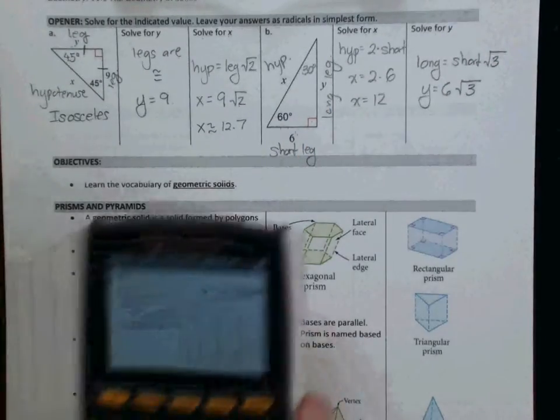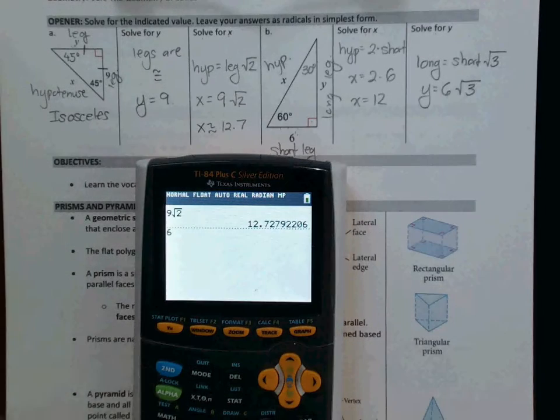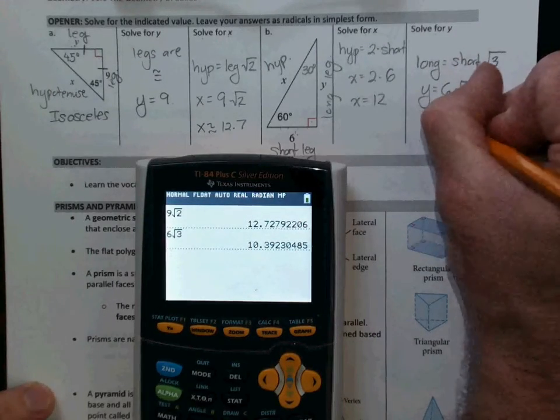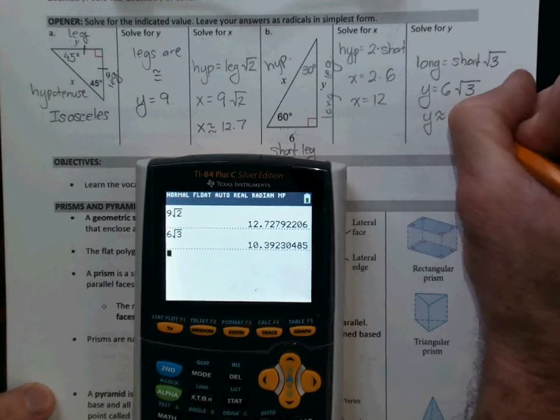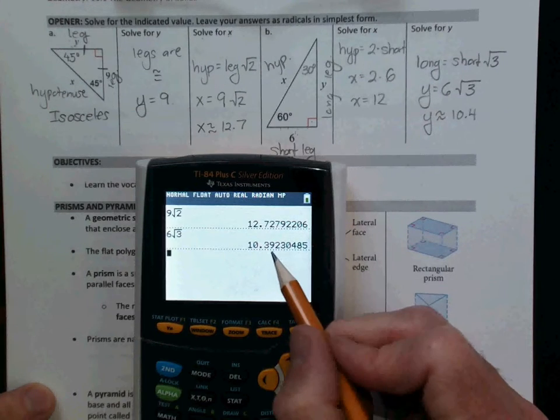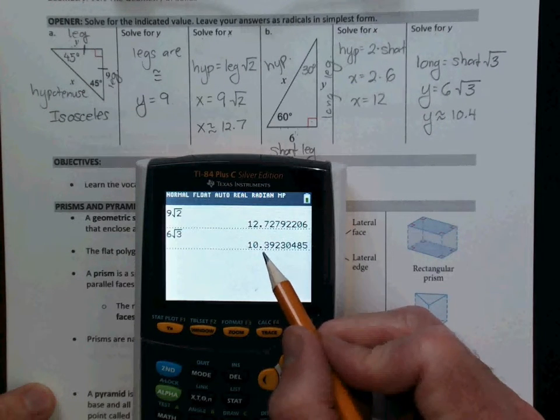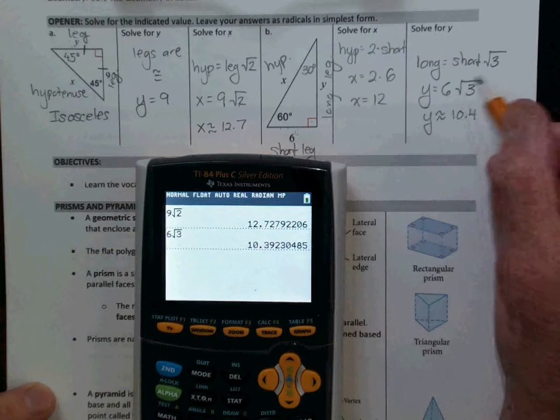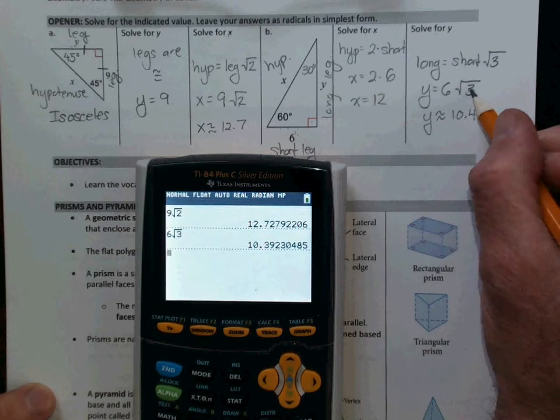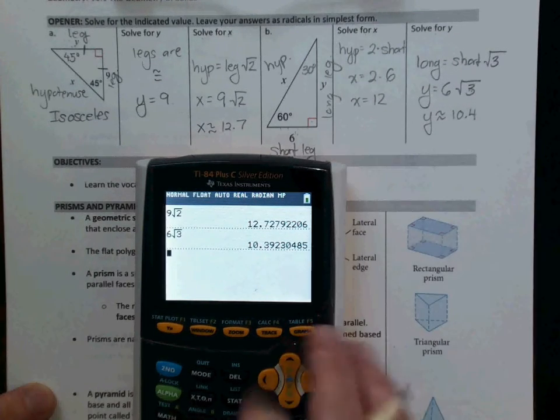And if we want to get an approximate answer, type in 6, square root of 3. And so y is approximately 10.4. Take note here, if I'm rounding to the tenths place, I'm going to look at the hundredths place. If it's 5 or higher, I'm going to round up. And so please make sure you know the square root form as well though. Okay.